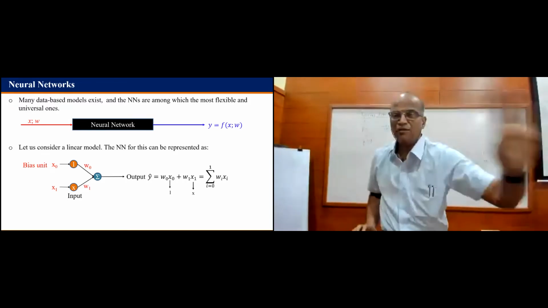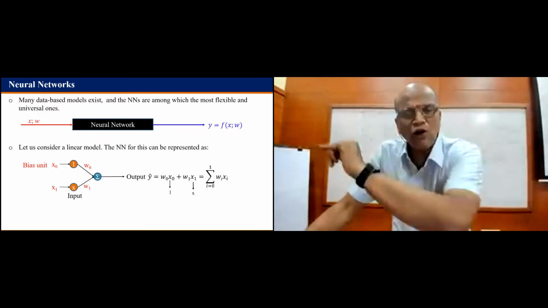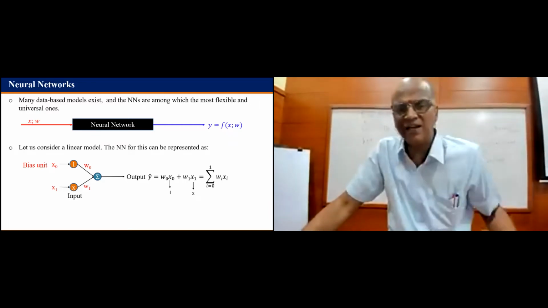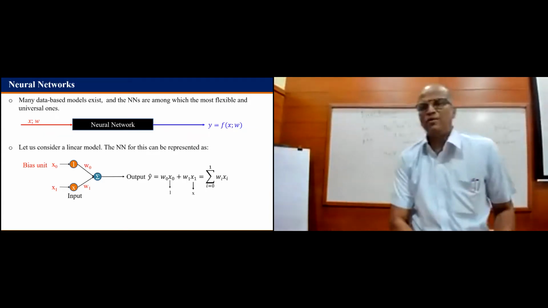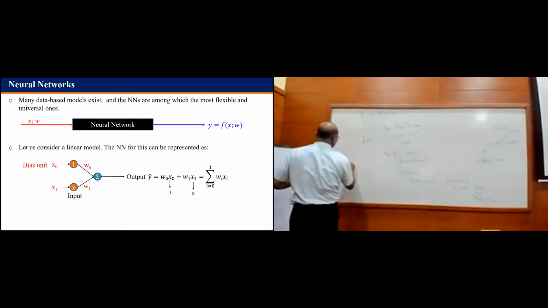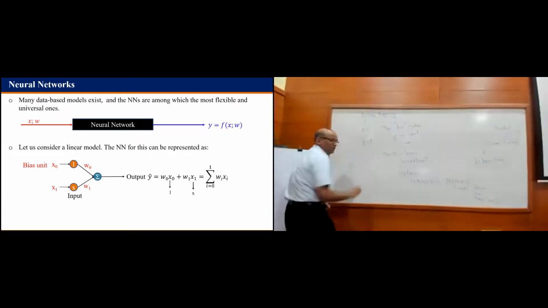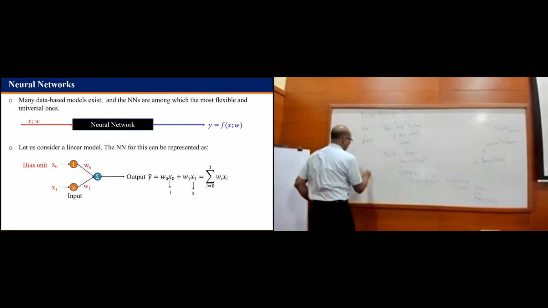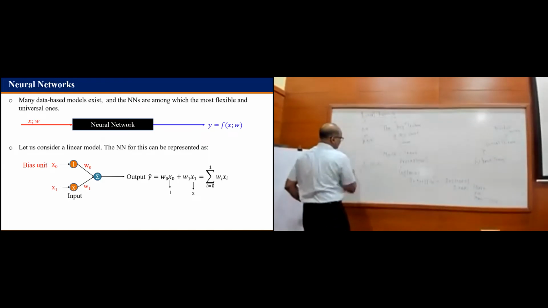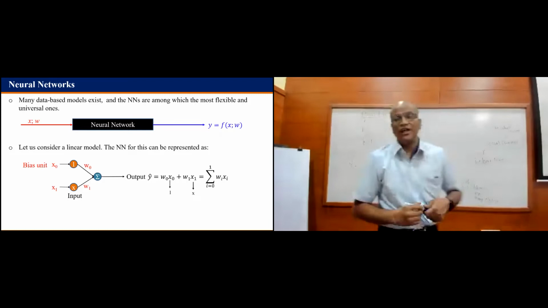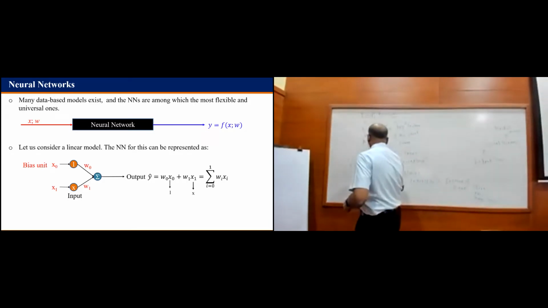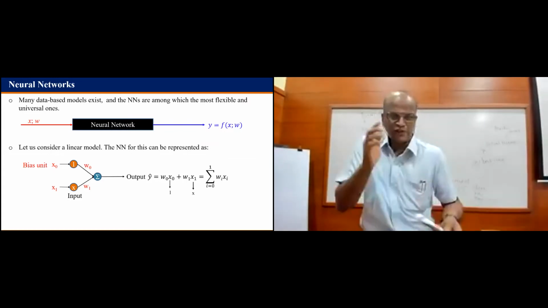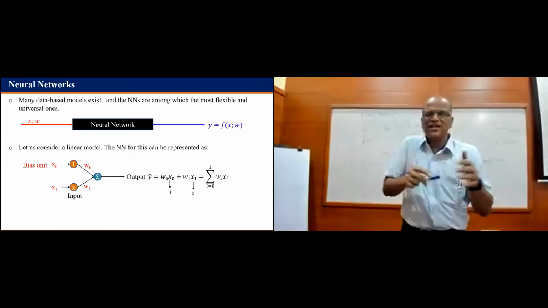The output is written cleverly as w0x0 plus w1x1, so that I can write y hat, my proposal, as sigma i equal to 0 to 1 of wi xi. Please note that for i equal to 0, there is an understanding that x0 equals 1. When you actually program it, there is an understanding that x0 equals 1.